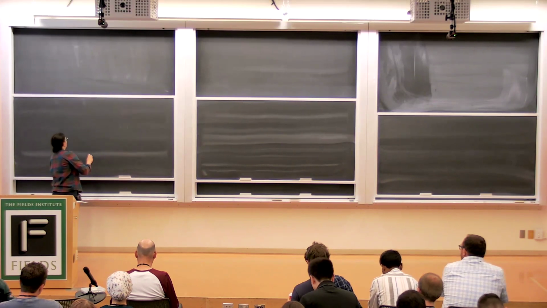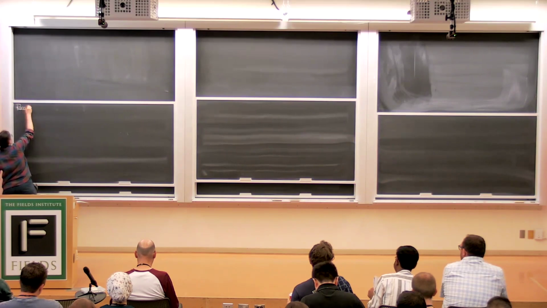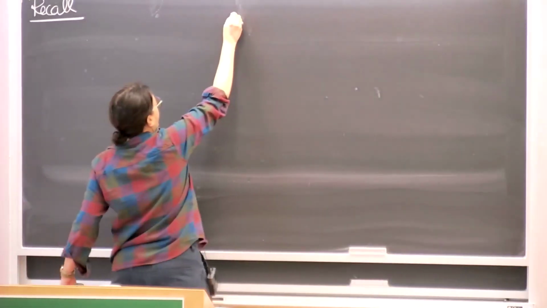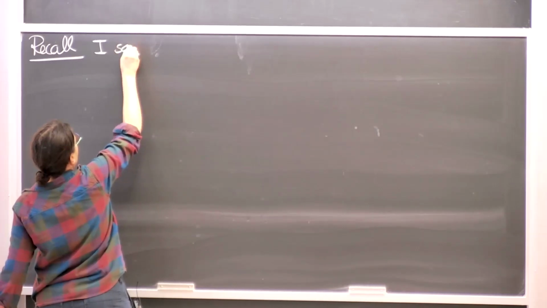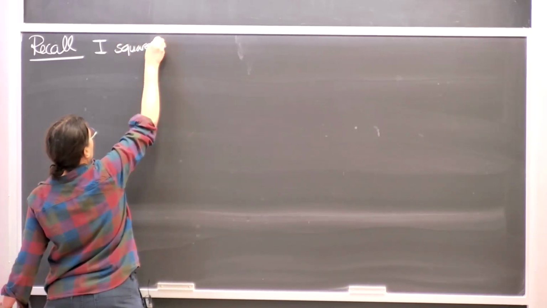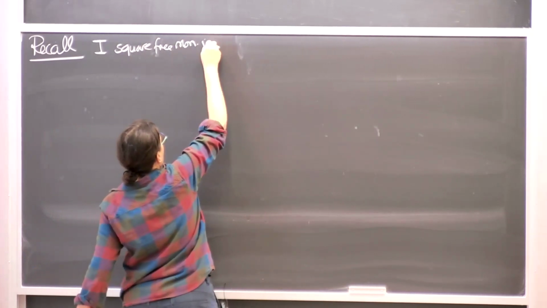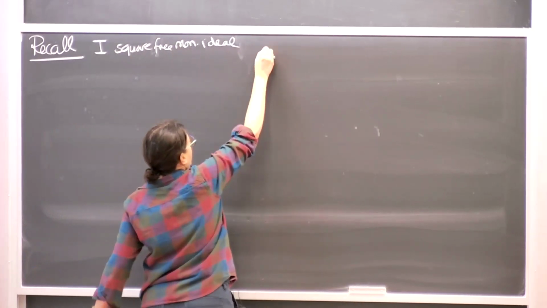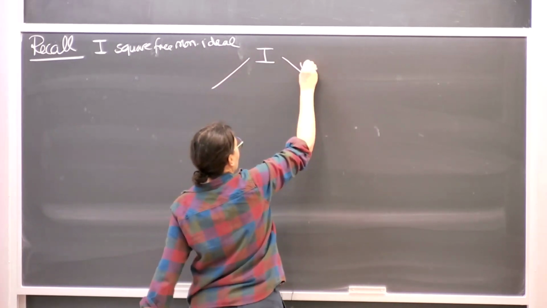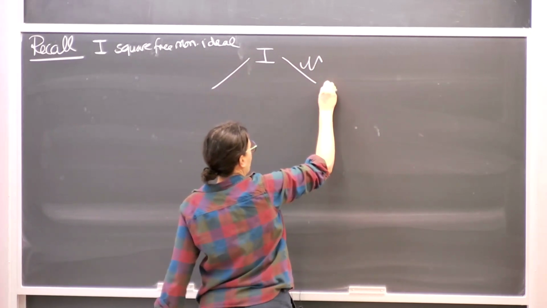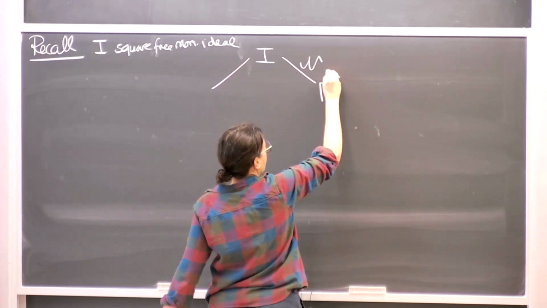So if you recall, we had a square-free monomial ideal. Everything is square-free. I started with I, and I made the non-face complex gamma. This is the Stanley-Reisner complex.